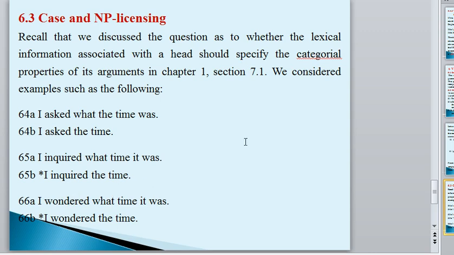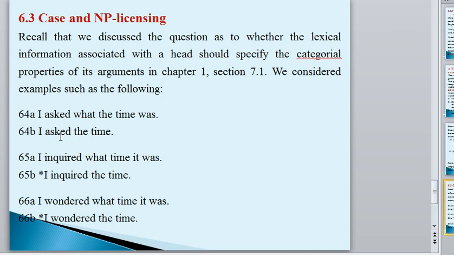However, we suggest that perhaps non-canonical realization of arguments should be specified lexically, so that the lexical information associated with ask, here you see in this example, could specify that this verb selects an NP complement. So that's okay. We can say I asked the time. This is the NP, and we can use it near ask, and there is no problem.